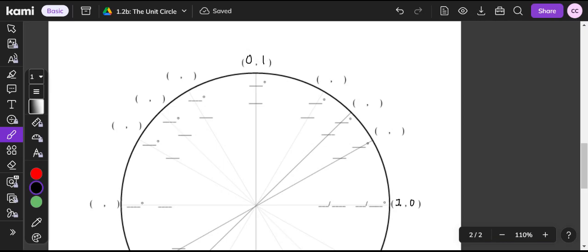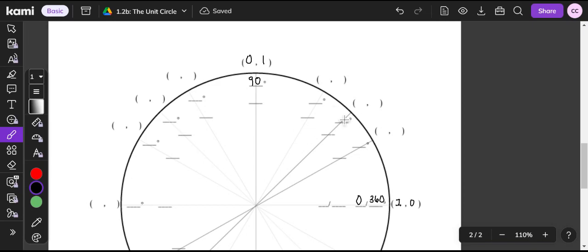I can do some angle measurements now. Let's do degrees since I'm used to those. This is 0 degrees, but remember I could go all the way around the circle and end up right back at the same spot if this is also 360 degrees. I know this one up top must be 90 degrees. And then I can kind of reason my way through what these might be.